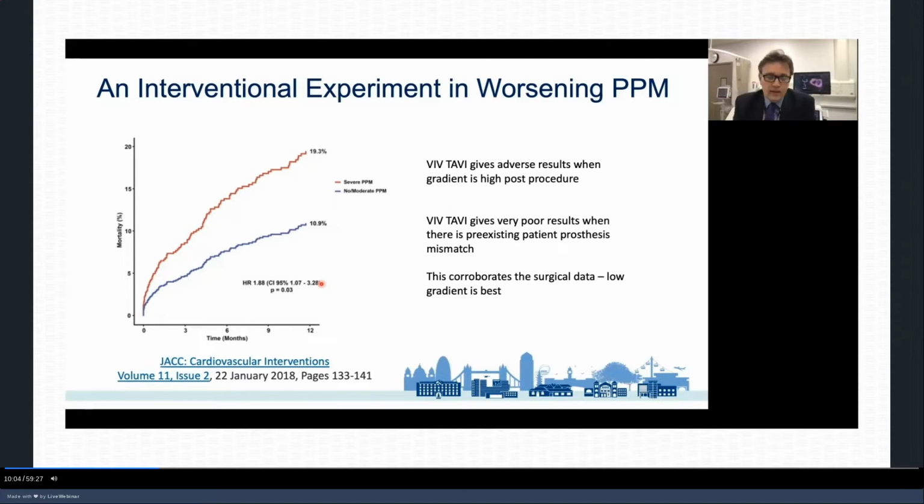And even more compelling is this data which you see here, which is what happens even over 12 months to mortality if you start off with patient prosthesis mismatch. There's a virtually 100% increase in mortality if you put a valve-in-valve TAVI into somebody that already has patient prosthesis mismatch. So this corroborates the surgical data, which basically tells you that low gradients are better than high gradients.